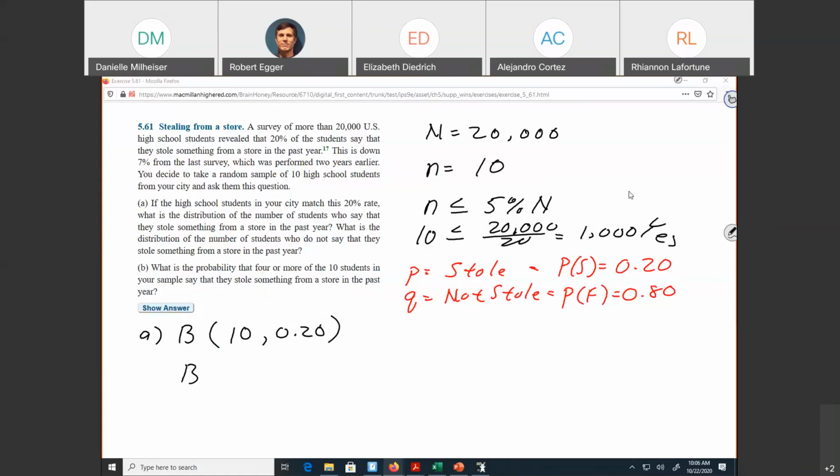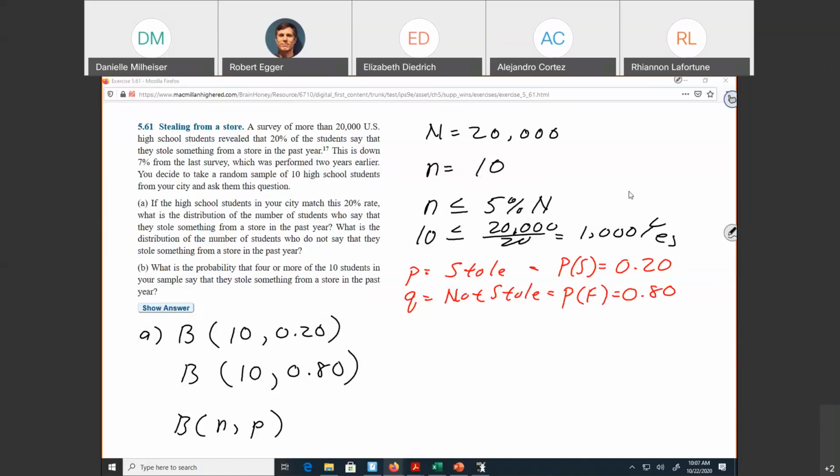Well, still out of those 10 students, it'd be the complement. Remember, the binomial is going to be the sample size and then the probability, or Q if you look for the other one. That's A. So far, pretty tame.